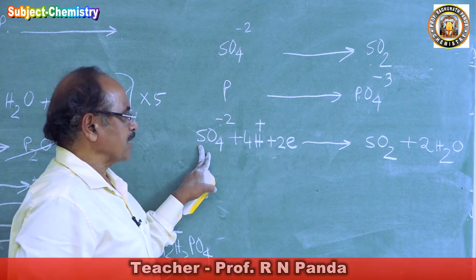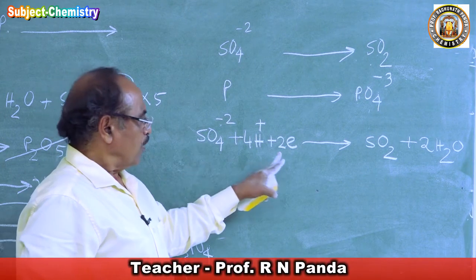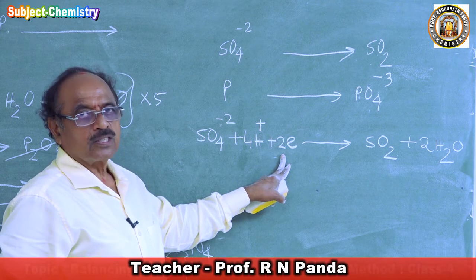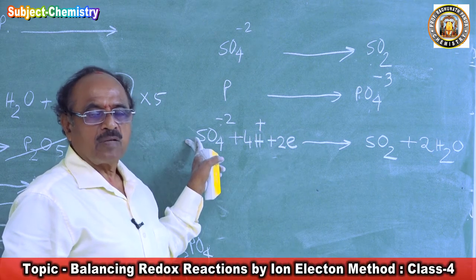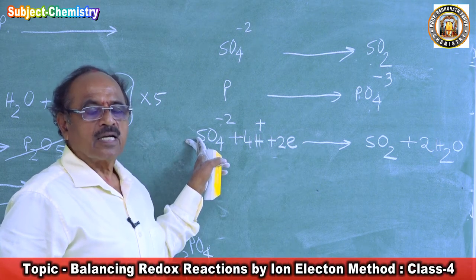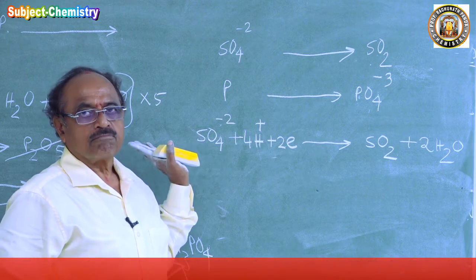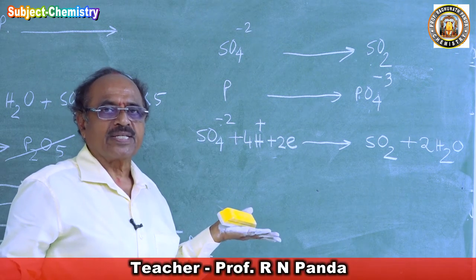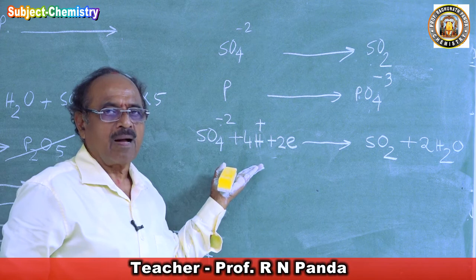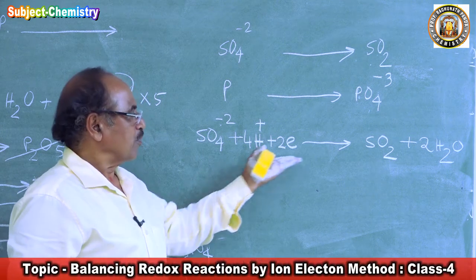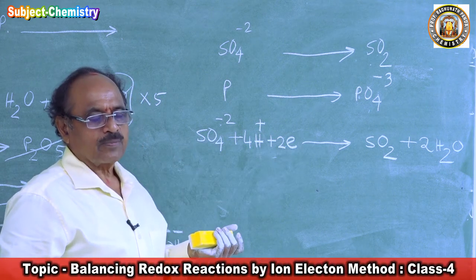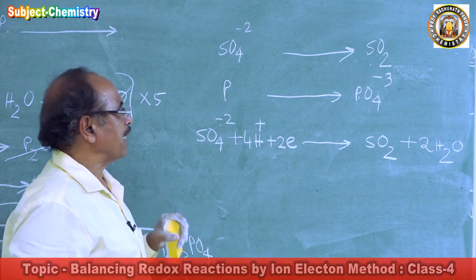A sulfuric acid molecule involves 2 electrons. So the equivalent mass of sulfuric acid is molecular mass by 2. In stoichiometric reactions, when numericals come for sulfuric acid, the equivalent mass of sulfuric acid will be molecular mass by 2.